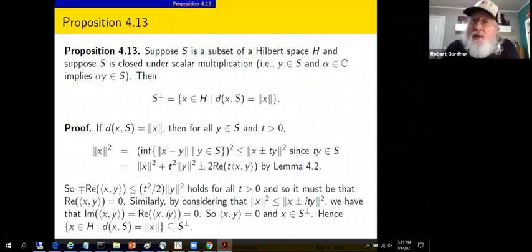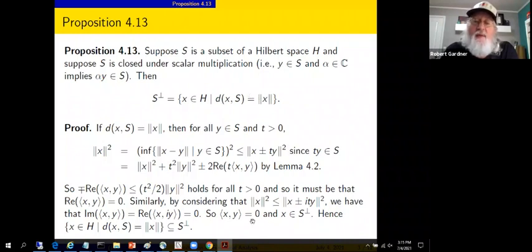But hey, the real part and the imaginary part, they're both 0. If they're both 0, then the inner product itself must be 0. That means these two vectors are orthogonal. So we started this under the assumption that the distance from x to S was equal to the norm of s. That is, this condition is satisfied for vector x.